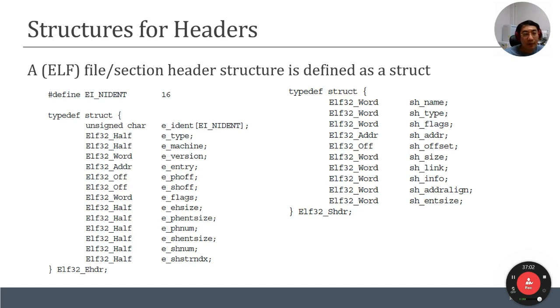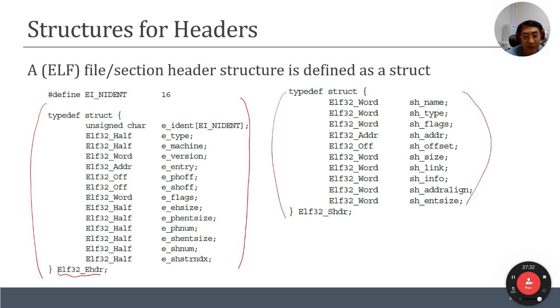And how do we parse these headers? As I said, it has been defined in a specification. If you look at the specification, the file header has been defined with this struct, Elf32 ELF header, and this is another struct for the section header, Elf32 section header SHDR, right?